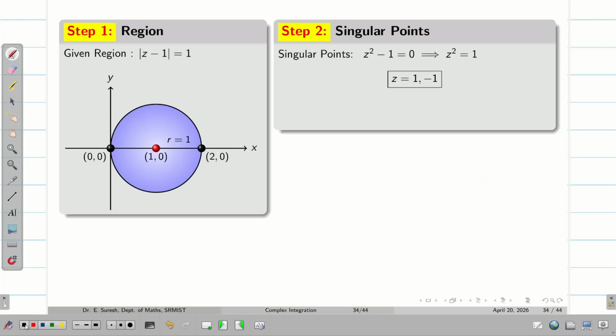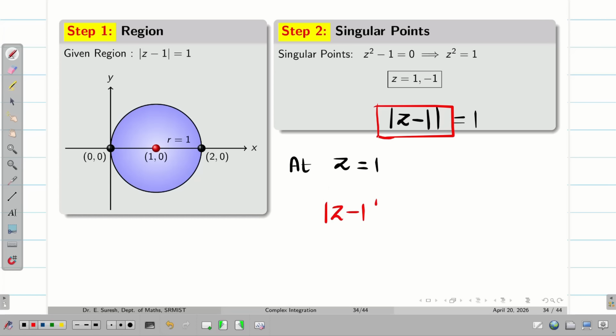But my recommendation, whenever the region is not easy, like mod z equal to 2 or mod z equal to 4, better we use the modulus technique. For this, just consider the given region as it is. Now, substitute each and every point. At z equal to 1, substitute in the left hand side of the given region. So mod z minus 1 is equal to mod 1 minus 1, which is equal to 0.